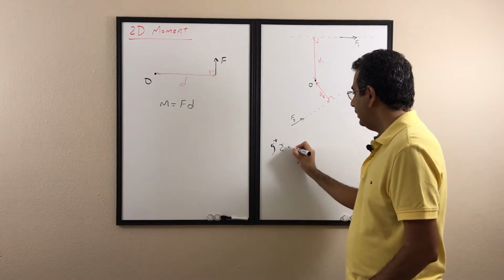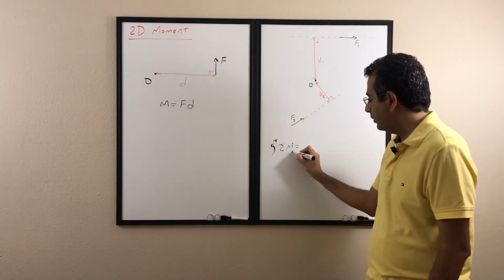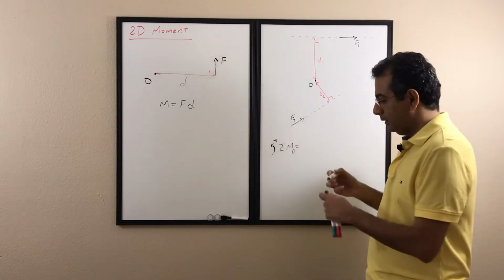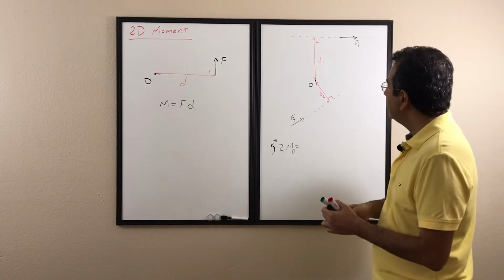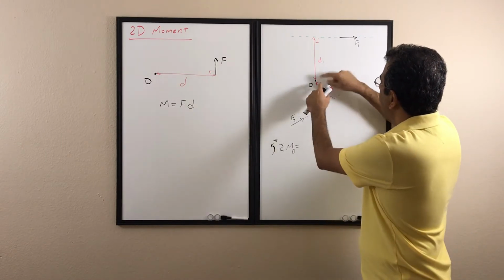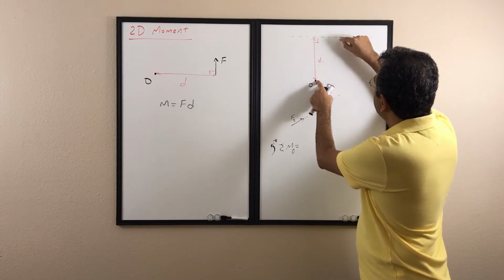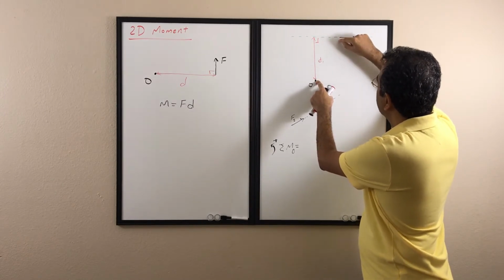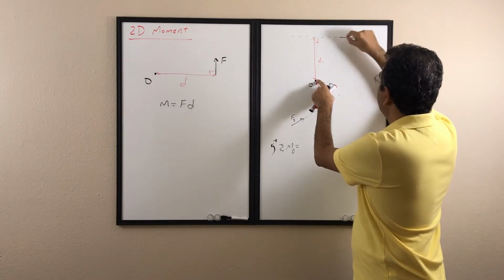And then I want to find the sigma M, so I find all the moments about the point O. I start from F1. If I look at F1 about point O, again, I assume I connect the point O to the force with a rope or a cord, then fix this end and let that force pull that rope.